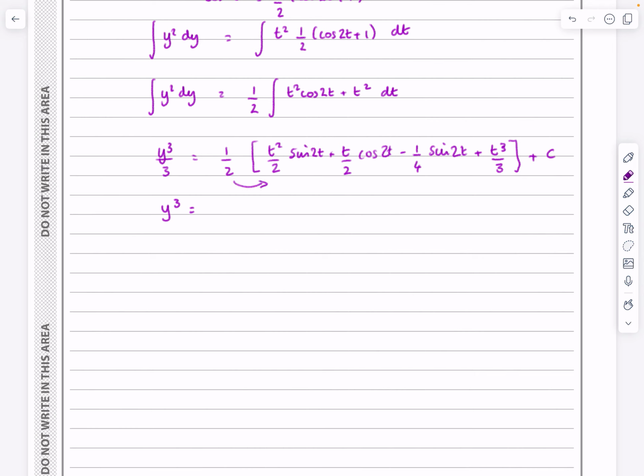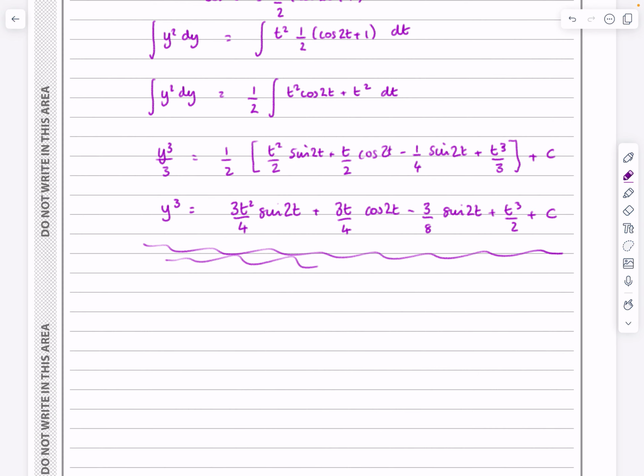Half times that would give us t squared over 4, but then the 3 multiplied by everything is going to give me 3t squared over 4 sine 2t, and then just carry on doing that, I'm not spending any time on the video saying all this. It comes to 3t over 4 cos 2t, it comes to minus 3 over 8 sine 2t, and then it comes to plus t cubed over 2, all plus the constant. We never worry about changing the constant when we're doing this.